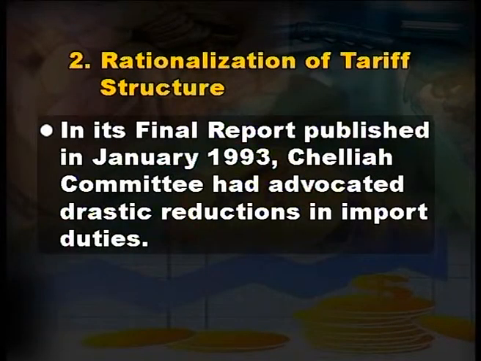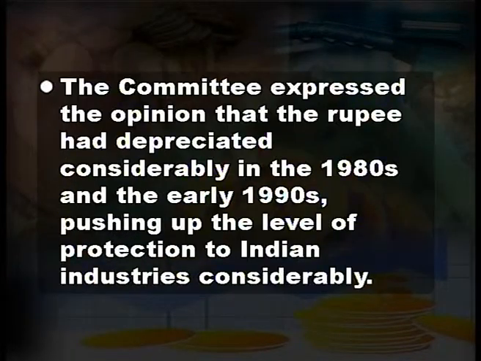In its final report published in January 1993, Chellaya Committee had advocated drastic reductions in the import duties. The committee expressed the opinion that the rupee had depreciated considerably in the 80s and the early 90s, pushing up the level of protection to Indian industries considerably.